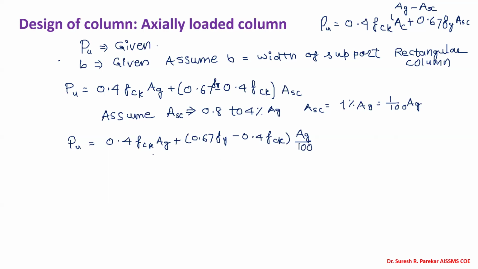Then we have to take Ag common, which will give me the value of Ag. This is equal to Pu divided by 0.4 fck plus 0.67 fy minus 0.4 fck upon 100.